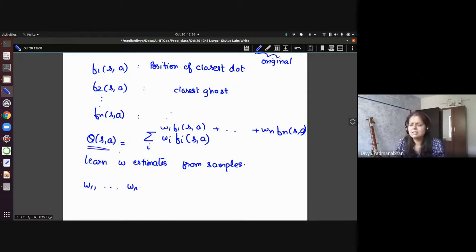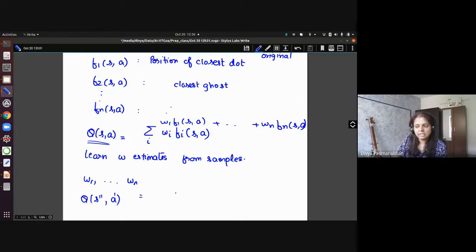Since you have this kind of representation for the Q values, any other state you see, suppose you see a state S double dash and some other action A double dash, you'll be able to compute these features. You can compute f1 of S double dash, A double dash, then f2 of S double dash, A double dash, and so on up to fn.